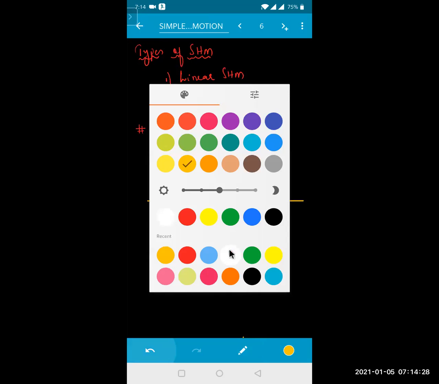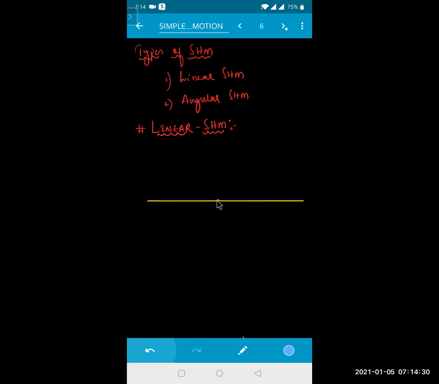I'll take somewhere from here the mean position. This one is your mean position, like your home. Wherever you go from your home, again you need to come back to the original position only. Like say from this mean position, this block has gone to this distance on a straight line.